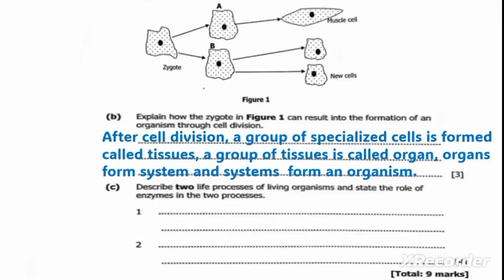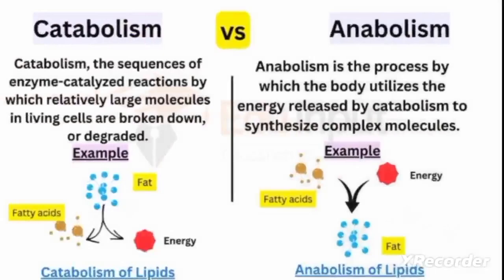Okay, so the 2 processes that we are going to look at, we are going to look at catabolism. Catabolism involves breaking down of complex molecules into simple ones. Then we are also going to look at anabolism.